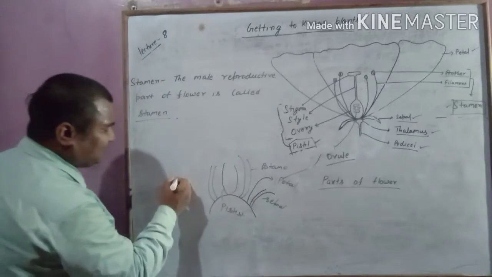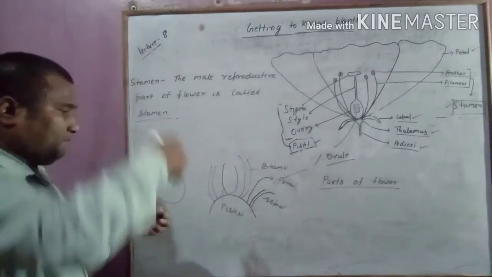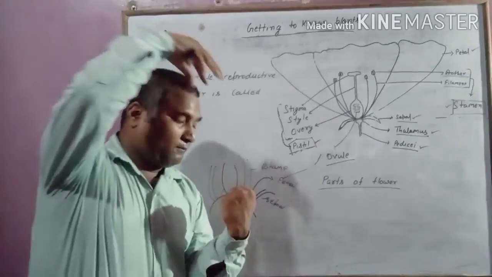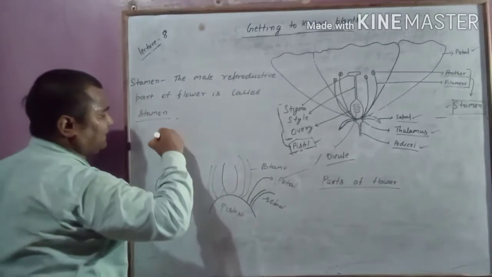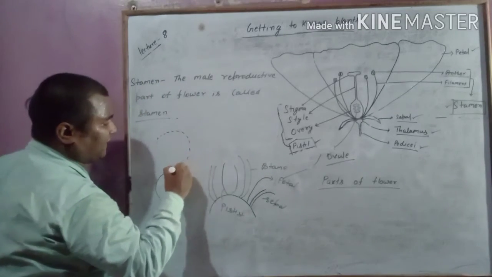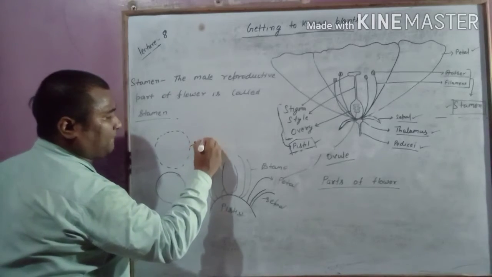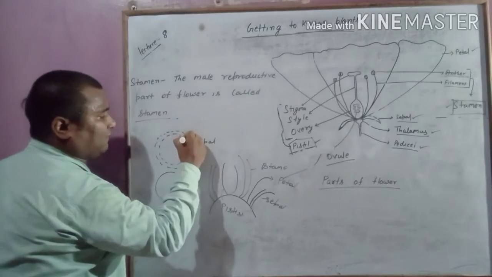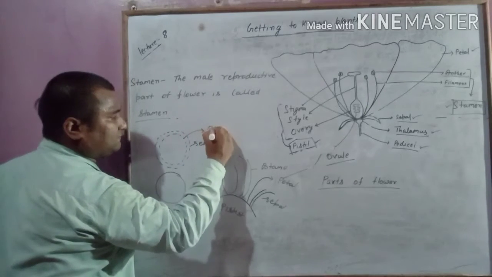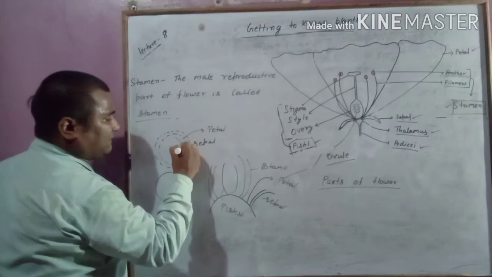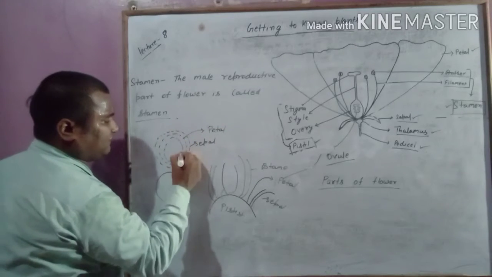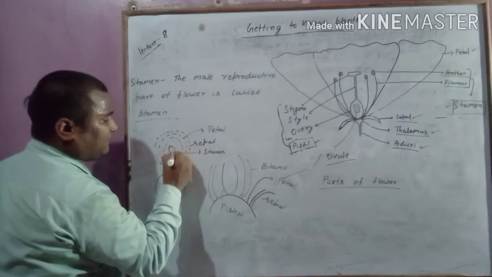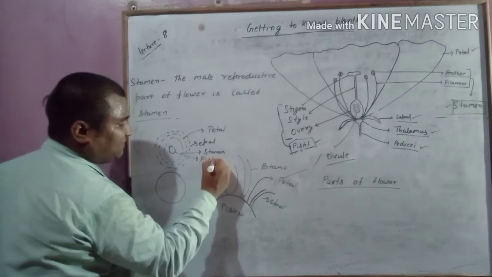If I see the thalamus from the top, the outermost ring is of sepal. After that there is a layer of petal, and on the inner side of this is stamen, and at the center there is pistil.